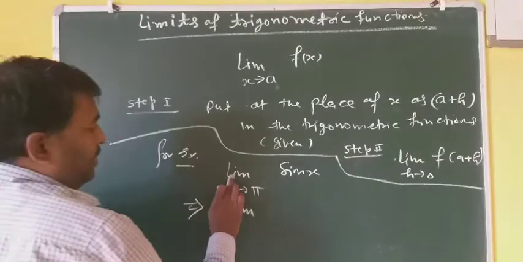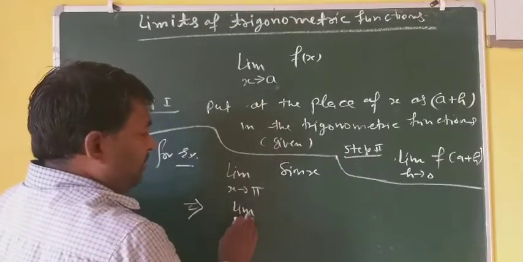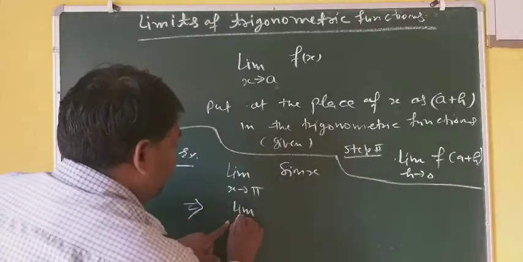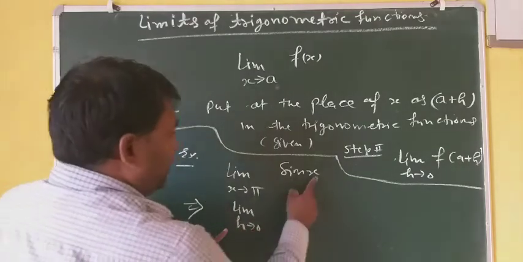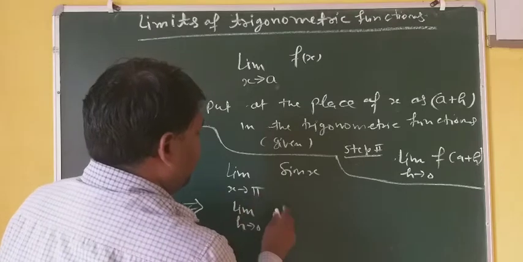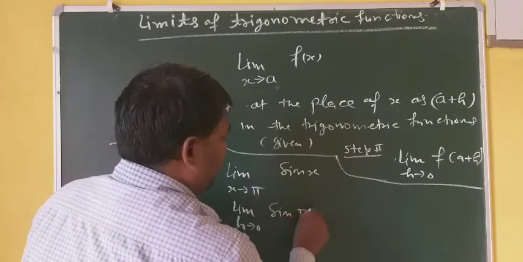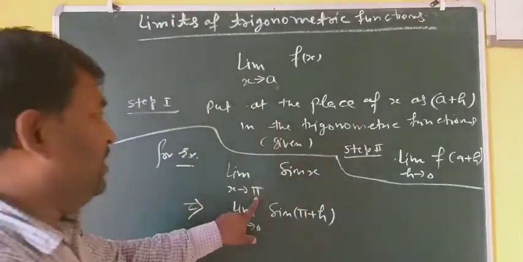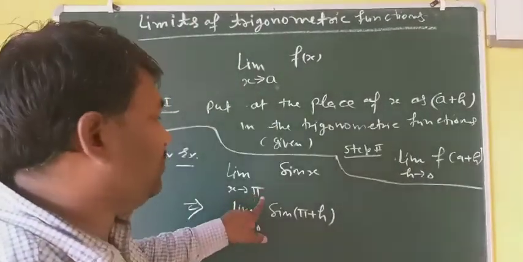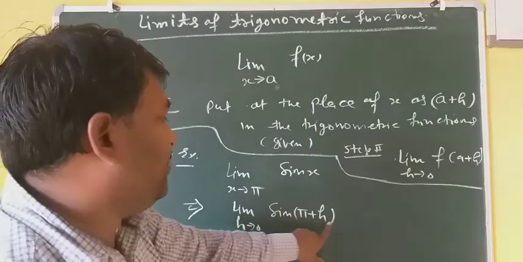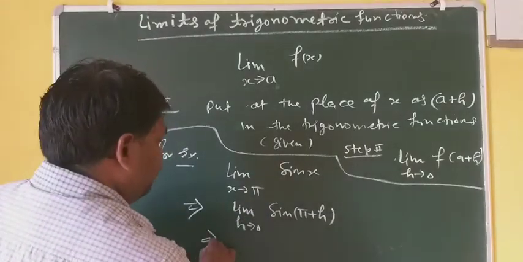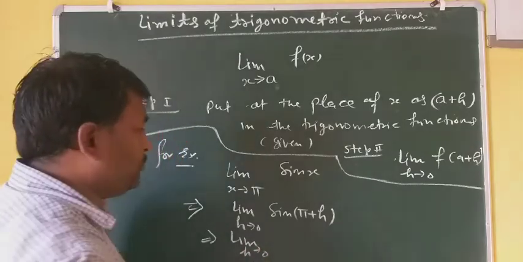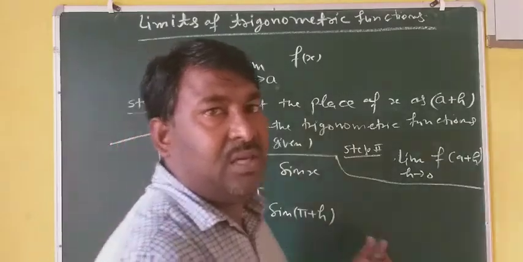Just see, the limit x tends to pi of sin x. By the second step, h tends to 0 and at the place of x you put pi plus h, so sin of pi plus h. As here at the place of a it is pi, so a plus h is pi plus h. This implies the limit h tends to 0 of sin(pi plus h).